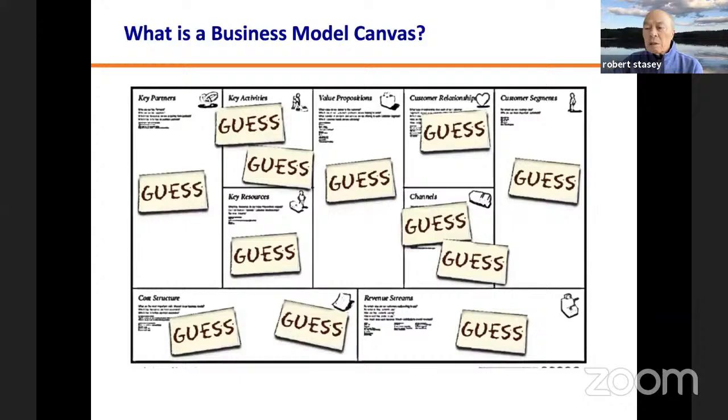So what is the business model canvas? The business model canvas is a visual representation of the various elements of the business model, and it allows you, first, I would say, to see the relationships among the parts of the model. You can identify hypotheses, you can make assumptions and see where there might be risk.